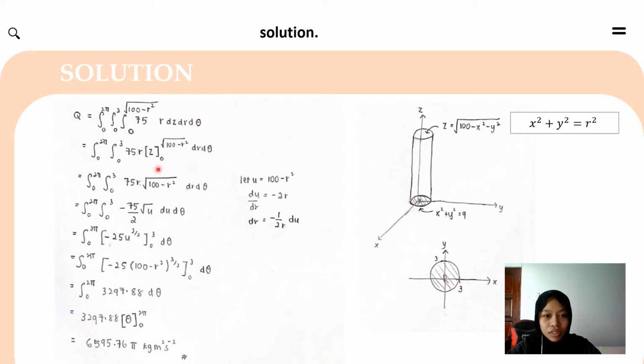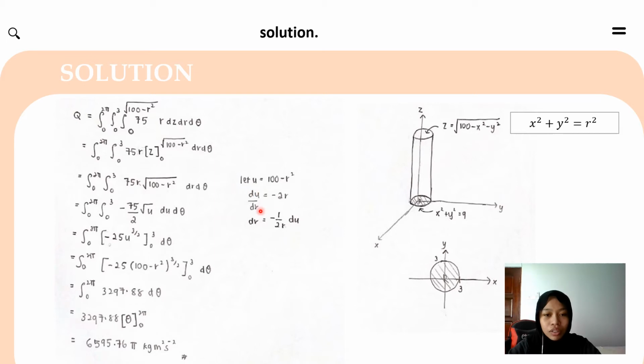For the integration of z, we have 75 r z from 0 until square root of 100 minus r squared, and then we substitute the limit. We have this equation. To integrate r, we must use u substitution. So we let u equals 100 minus r squared, and then we differentiate u with respect to r.